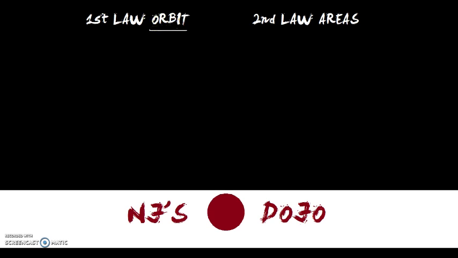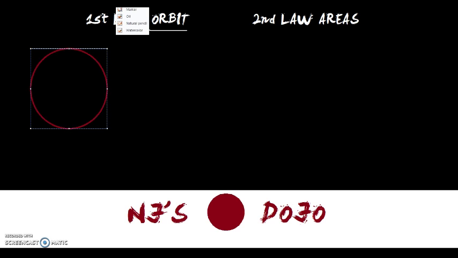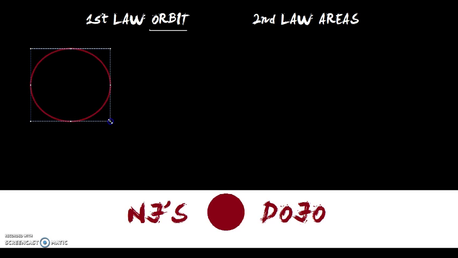So if we were to draw this, let's say this is an orbit. An orbit is deemed by Johannes Kepler to be an elliptical path. And since the sun is at the focal point, it's not necessarily a circle but instead an ellipse.